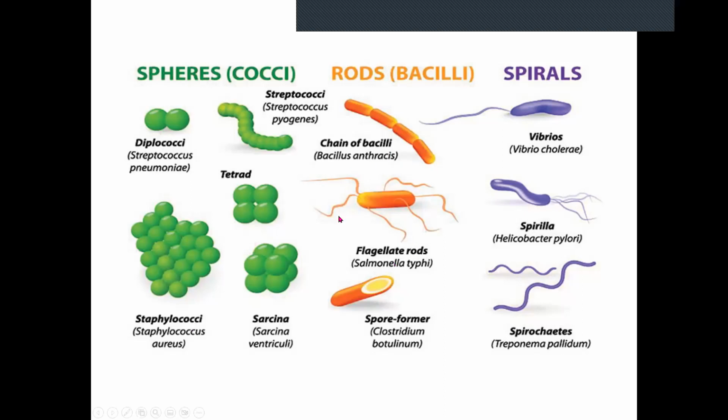That's the anthrax. You have some with flagella, and they can move around. The salmonella, the typhoid is one of them. Some of them produce spores like Clostridium botulinum, and you end up with botulism, and that's a killer. It's an anaerobe.